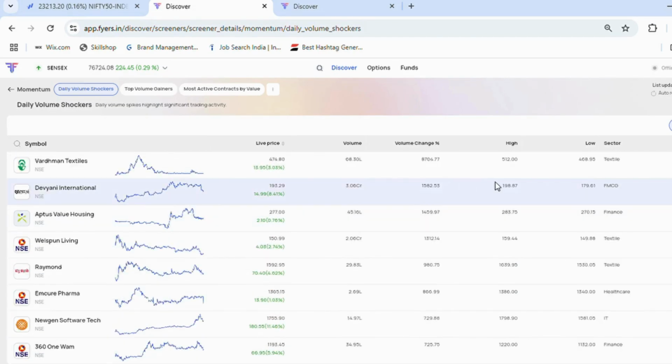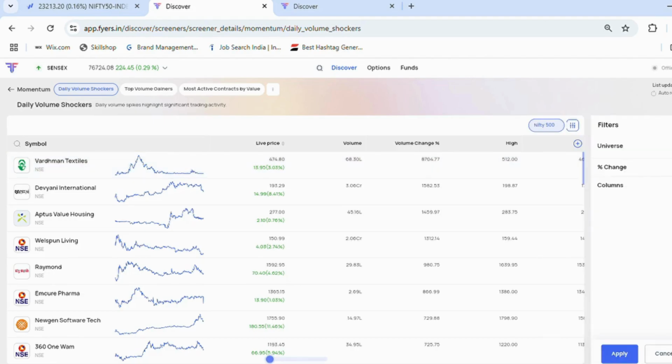These have good volume. The volume change is high, and the price has changed by 2 to 5% alongside the volume. So let's add some columns to this screener, like the 52-week high of the stock and the 52-week high percentage change.